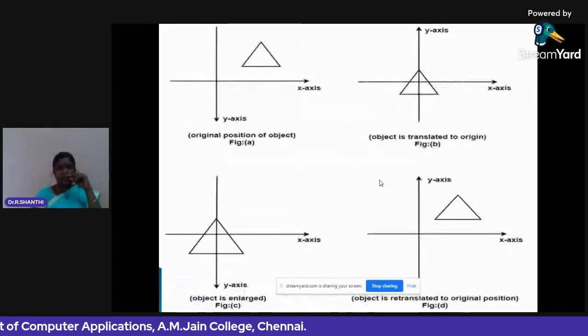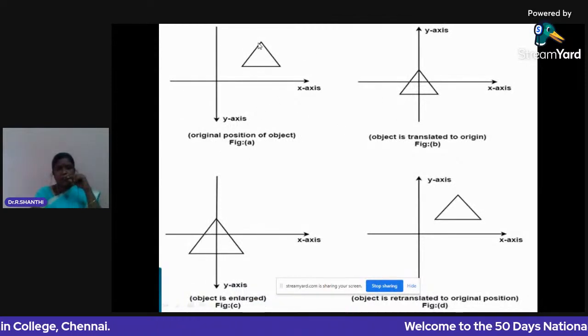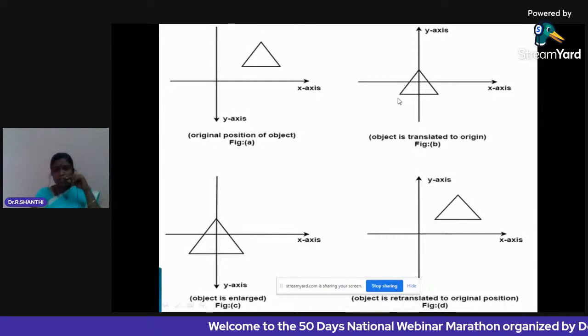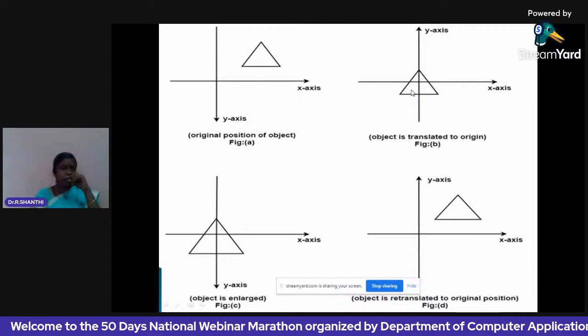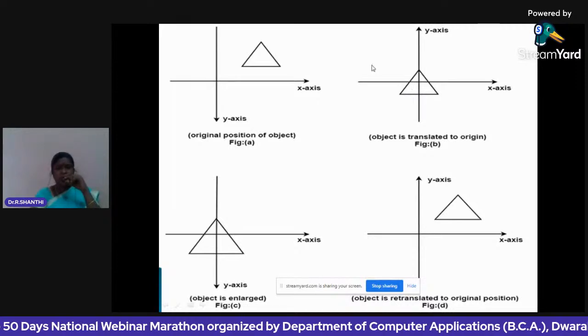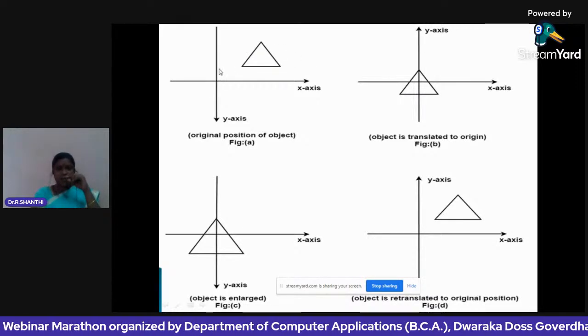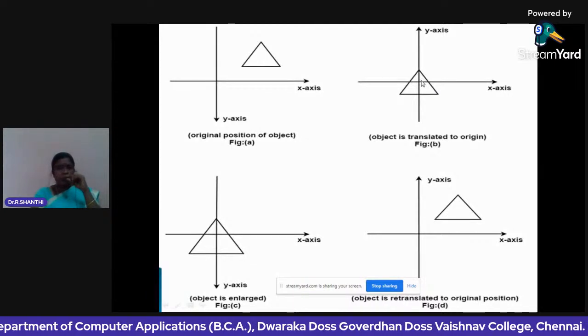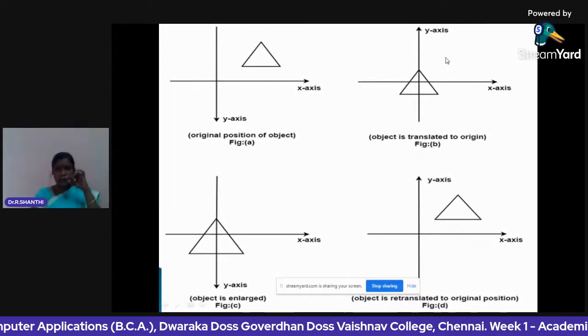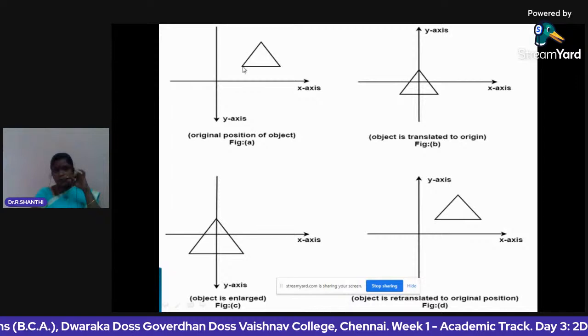See, for example, you can see here the original position of the object. You have placed the object somewhere here, right? After that, I have changed it to the origin. You have not rotated or reduced or increased the size of the object. You have just changed the position of the object to the origin, right? This is what you call translation. You translated from this distance to this distance.